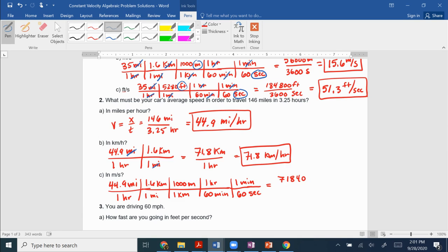If we take a look at this, miles are gone, kilometers are gone, should have meters on the top, hours are gone, minutes are gone, seconds are left on the bottom. It's still over 3,600 seconds. That's going to give you 19.96, really 20 basically, meters per second.